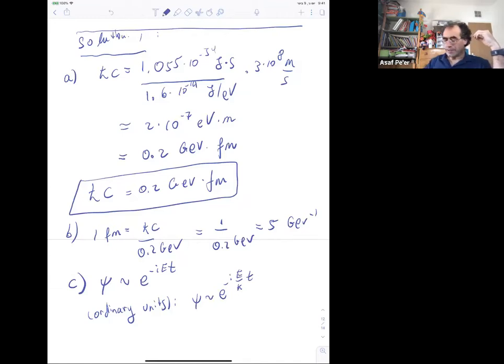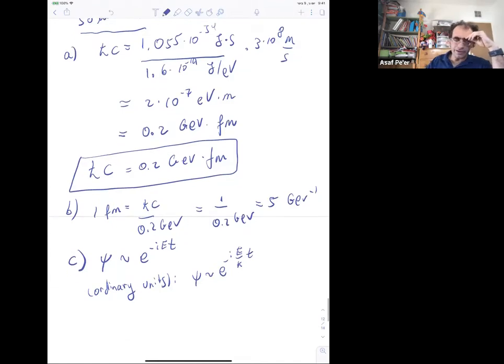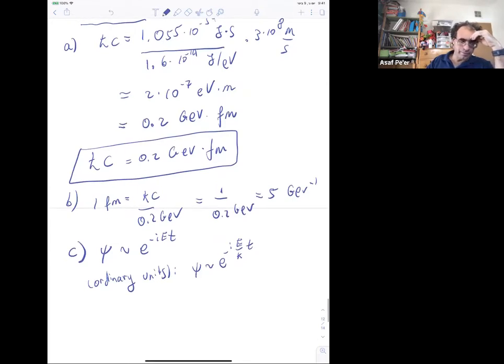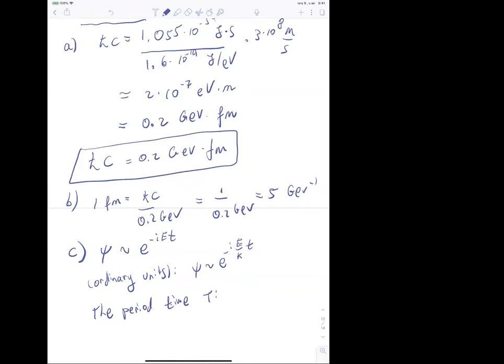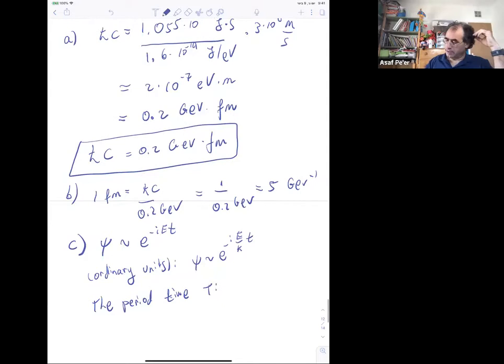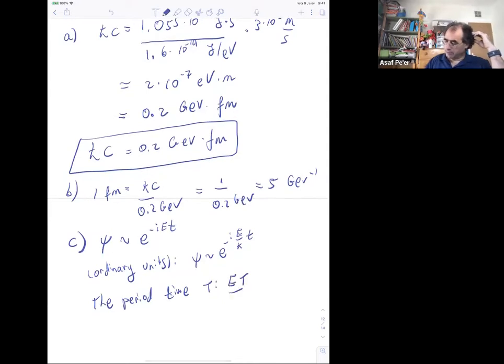If we ask for the periodicity, what is the period time? It is obtained when Et over H bar equals 2 pi.